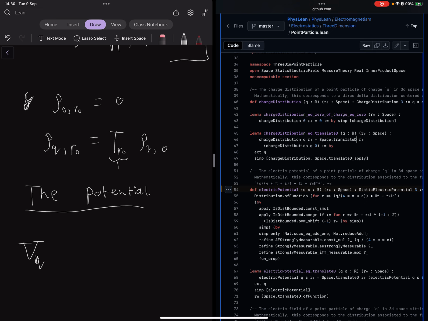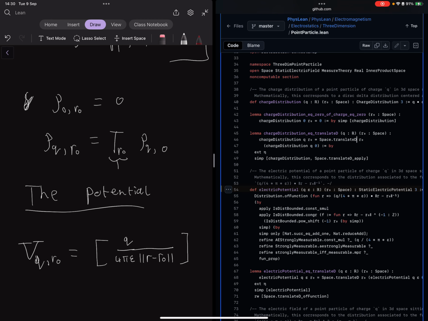I'm going to get my Q's and my R's the right way around. This is equal to the distribution corresponding to the following function. Q over 4 pi epsilon, where epsilon is your permittivity, over the distance between r and r0, where remember r0 is the place where the particle is sat, and r is the variable that this is a function of.